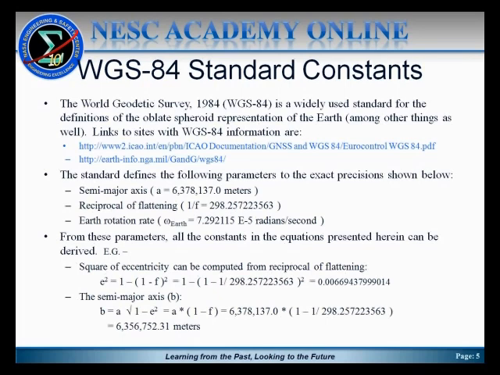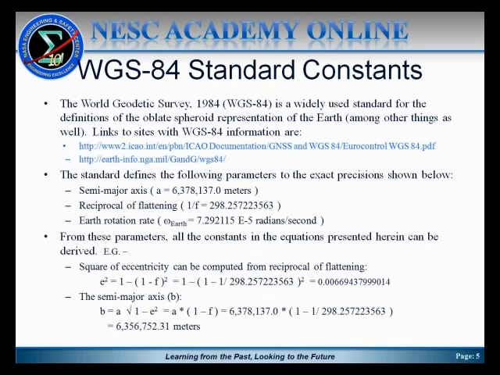And the parameters that it defines are the things that we discussed in part 1 of this presentation, the characteristics of ellipses that are important for computing geometry and kinematics over an oblate spheroid, in particular the Earth. It defines the following parameters to the exact precision as shown, so that if you are working with other people, as long as you use the parameters as defined in that standard, the results will be equivalent.